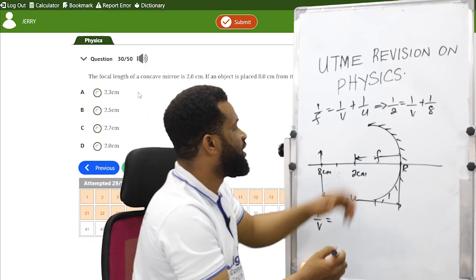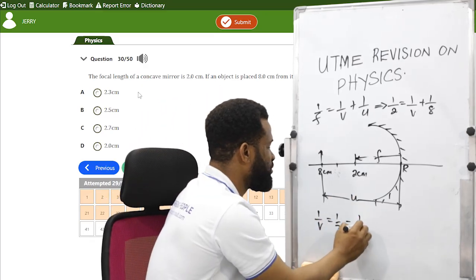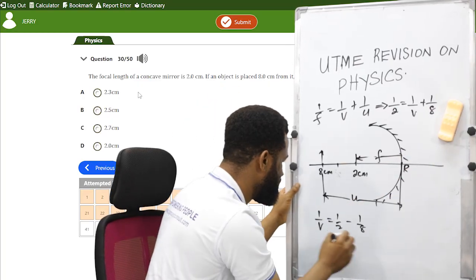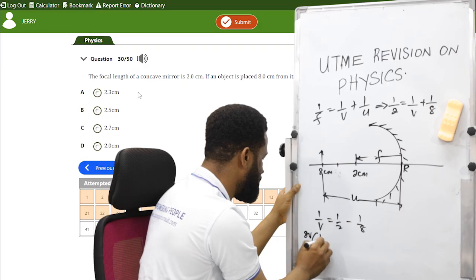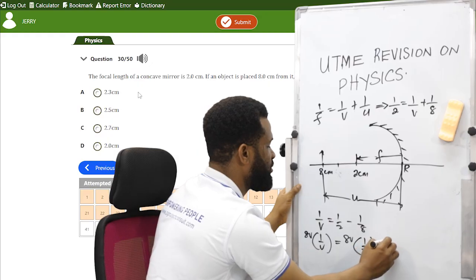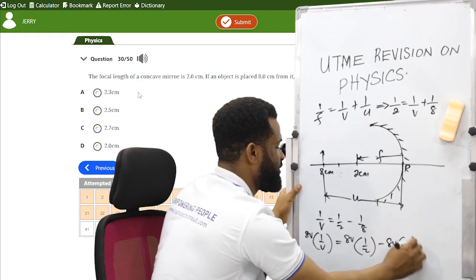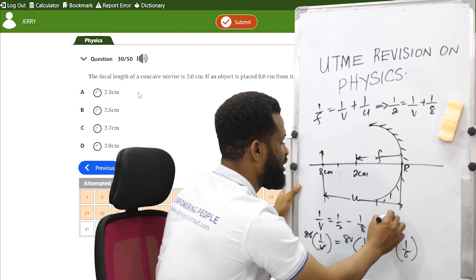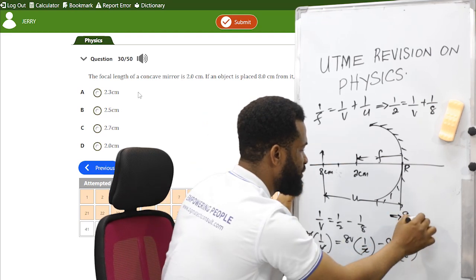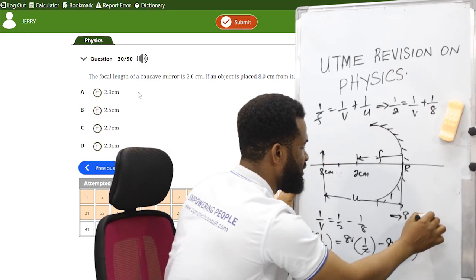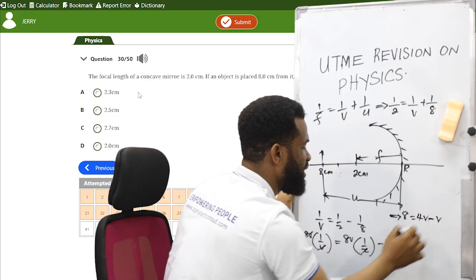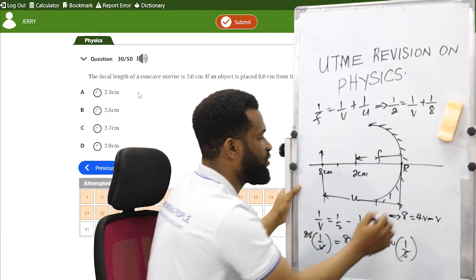So 1 over V is equal to 1 over 2 minus 1 over 8. If I take my LCM, I multiply through by 8V. This gives 8 equals 4V minus V, so I have 3V equal to 8.